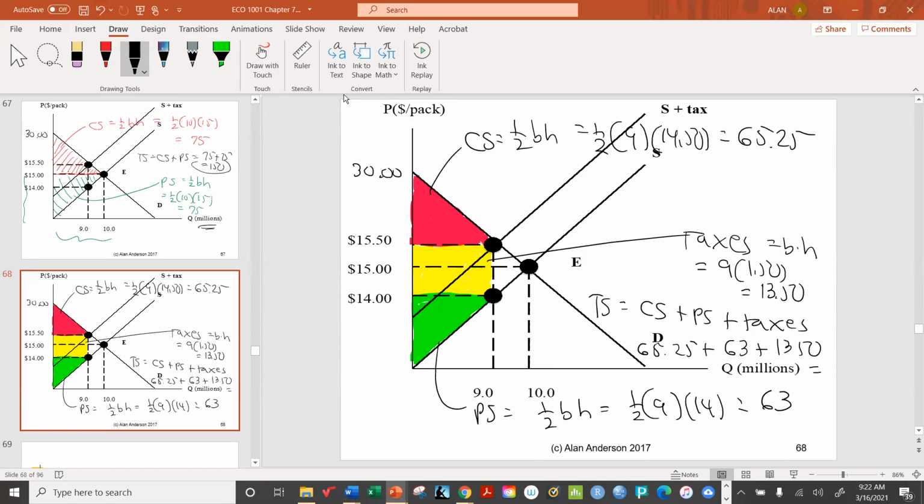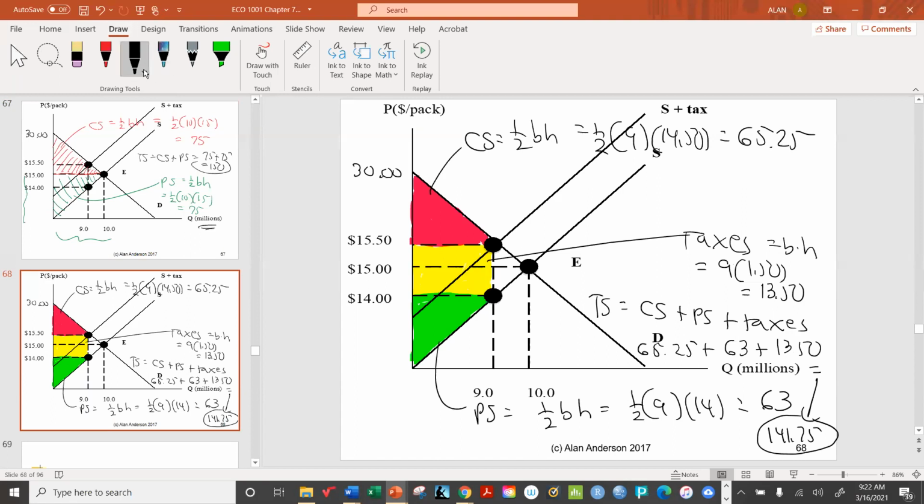What does that add up to? 65.25 plus 63 plus 13.50 is $141.75. Let's put that down here. So that's the new total surplus.